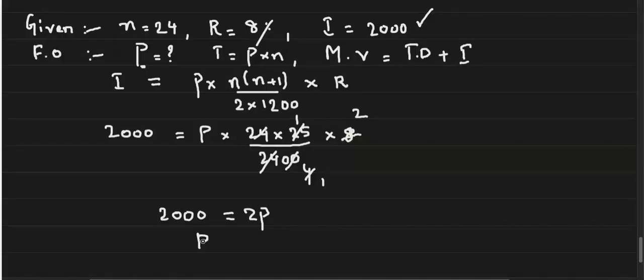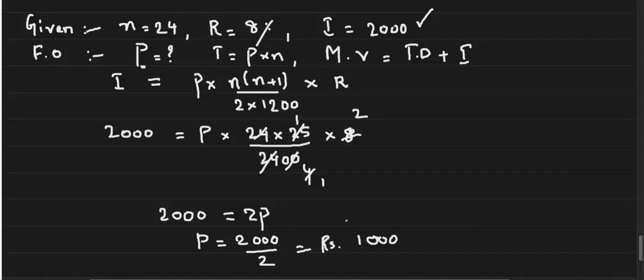So the P value will be 2000 divided by 2, which is equal to rupees 1000. So he was paying rupees 1000 on a monthly basis in the recurring account, and he got the interest of 2000 at the end of 2 years.